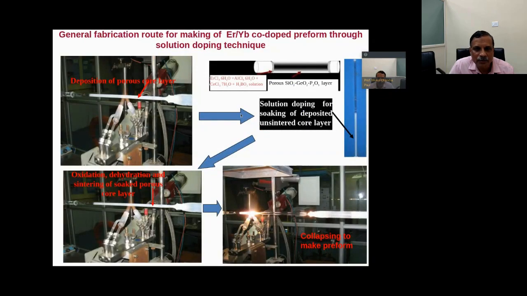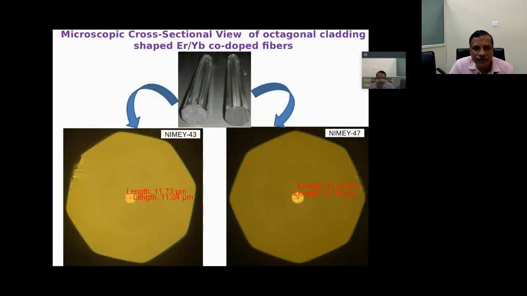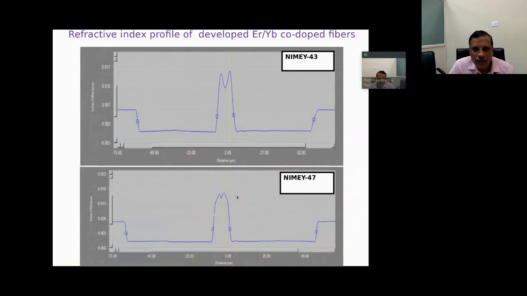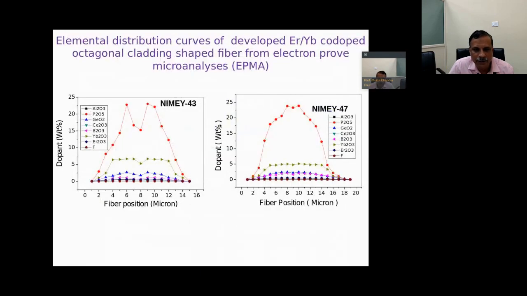And this is the normal procedure. We have already explained how to make this kind of fiber by the solution doping process using different kinds of elements in the core matrix. This is the preform we have made, and this is the fiber. This is the octagonal shape having different diameters of the core. And this is the refractive index profile for this kind of fiber, having around 0.17 to 0.2 NA.